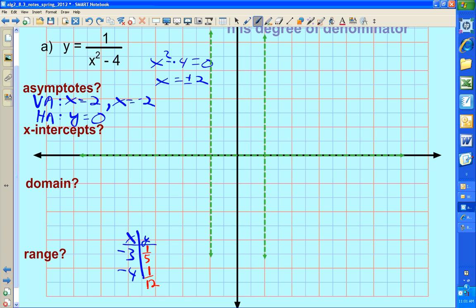So when we graph left 3, we're going to go up 1/5. And left 4, we're going to go up 1/12. All you need to know is that the 1/12 is smaller than the 1/5. So when we graph this, we're going to come along here, we're going to get to the asymptote. Which way do we have to go? Up. If we went down, we would cross the horizontal asymptote.